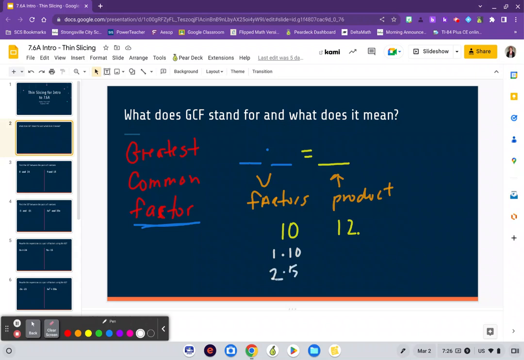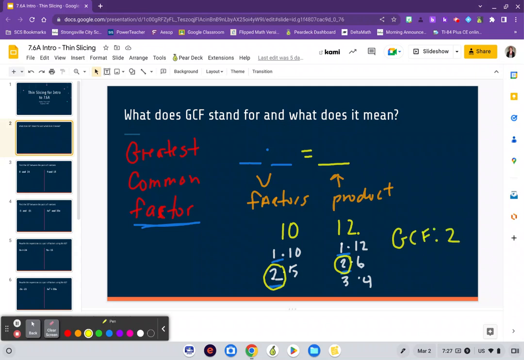I want to find all the factors of 12. 1 times 12, 2 times 6, 3 times 4. And then I want to look to see which ones they have in common. Well, they both have a factor of 1 and they both have a factor of 2. And of those, the biggest factor they have in common is 2. So 2 in this case would be the GCF between 10 and 12.